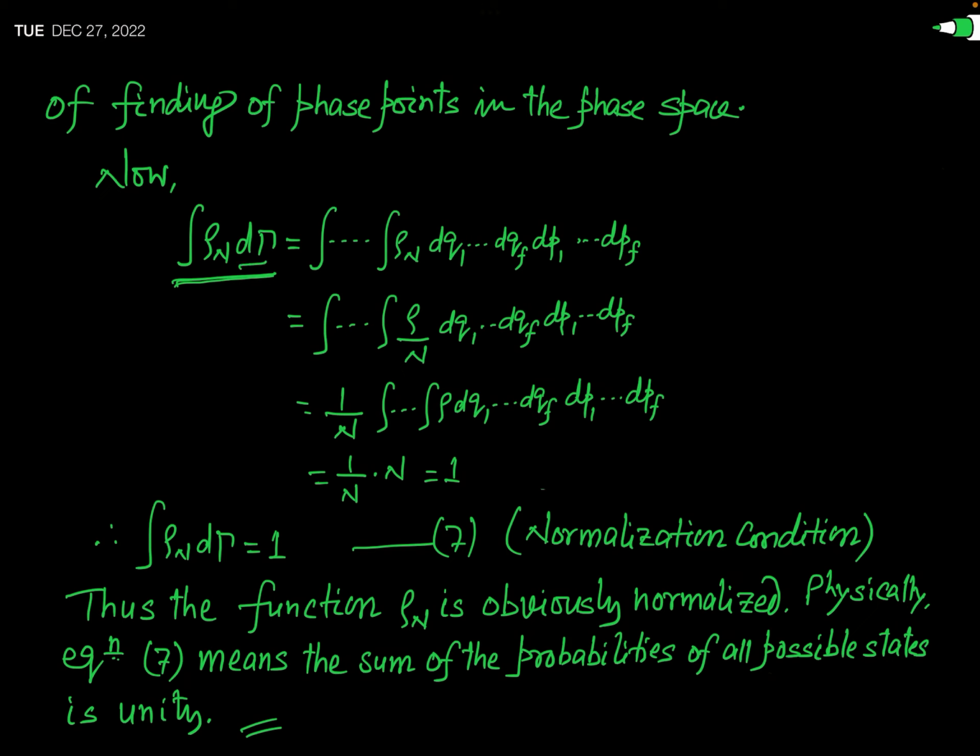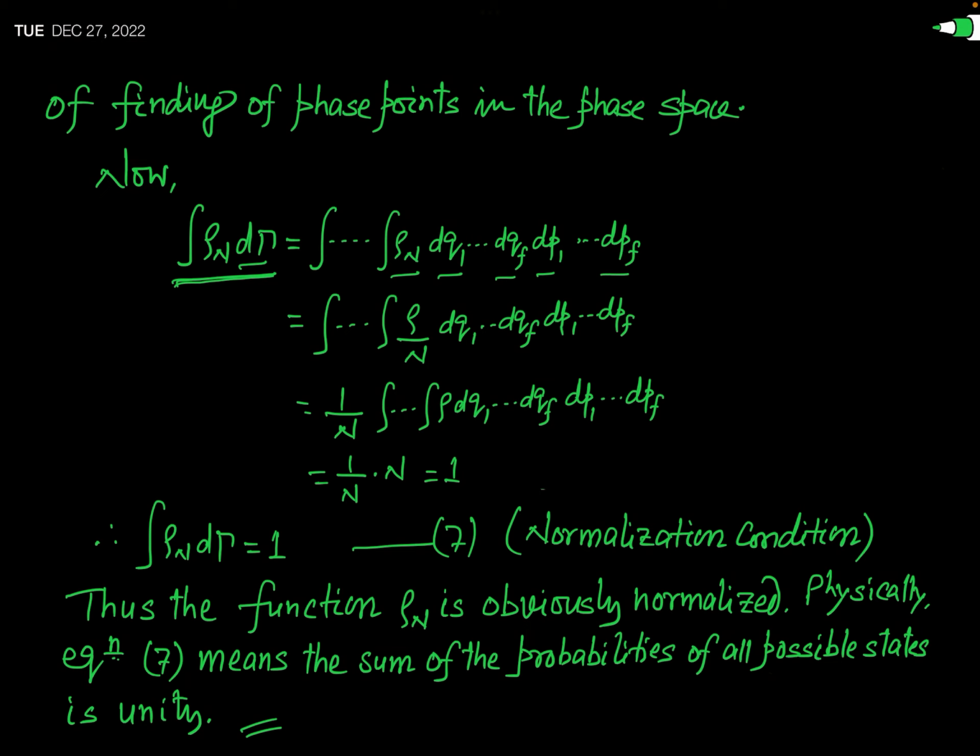Instead of d gamma, you can write dq1, dq2, and so on up to dqf, dp1, dp2, and so on up to dpf, and rho n is as you can see here. And again I have written the number of integral signs, which will be equal to 2f, corresponding to the 2f independent variables from dq1 to dpf.